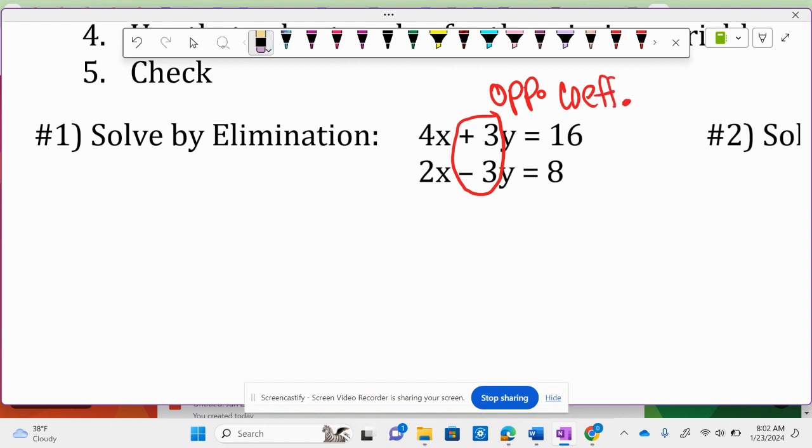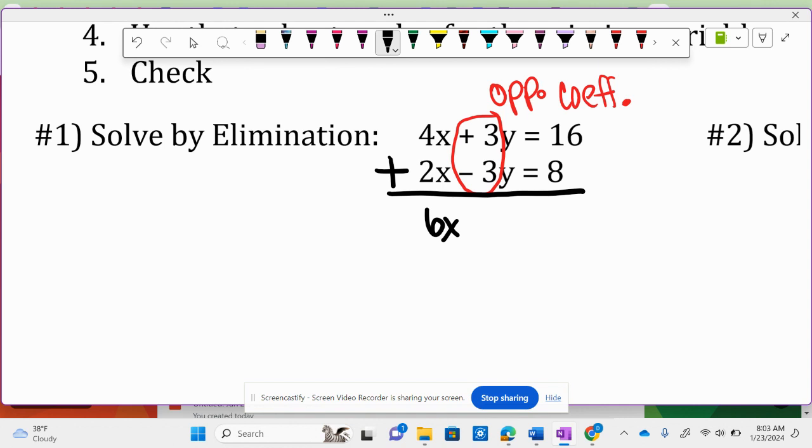So what we're going to do is put a bar underneath this, and we're going to add these two equations together. When I say that we're going to add these two equations together, we're going to add them like we're combining like terms. What is 4x plus 2x? 6x. Good job. What is +3y and -3y?